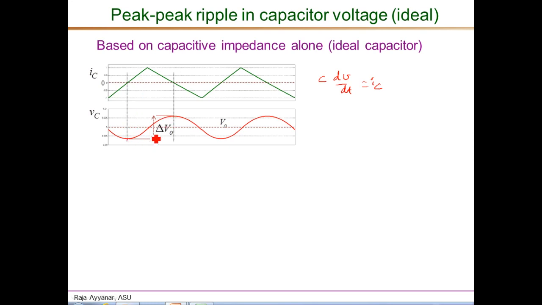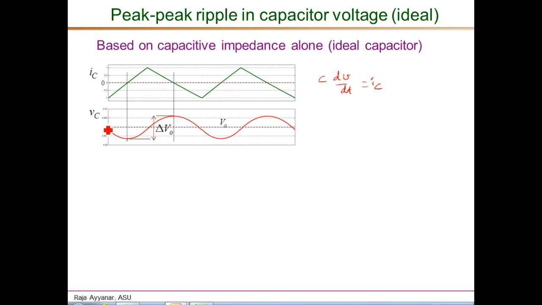This total change in the capacitor voltage is what we call delta V naught, or the peak-to-peak ripple in the capacitor voltage. And as seen from the waveforms, beyond this point, the capacitor current is negative, so the voltage begins to drop. The capacitor voltage itself has a large DC component.